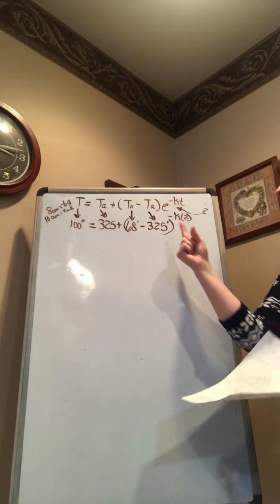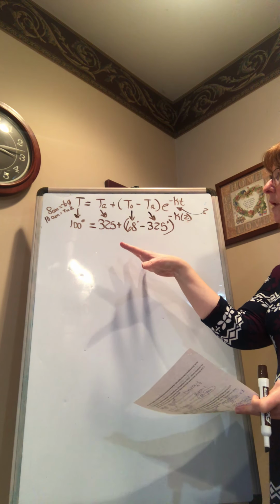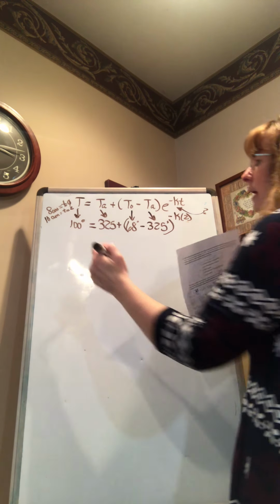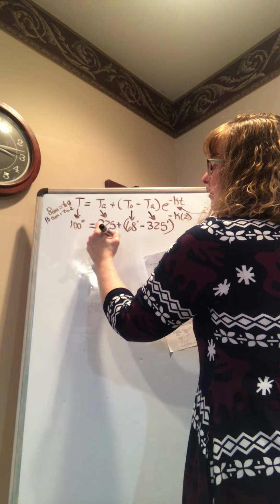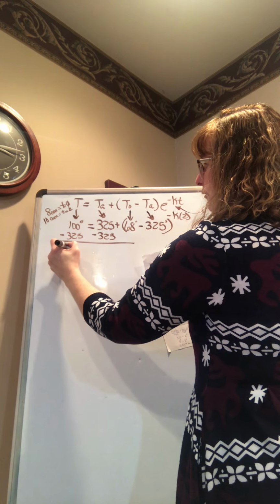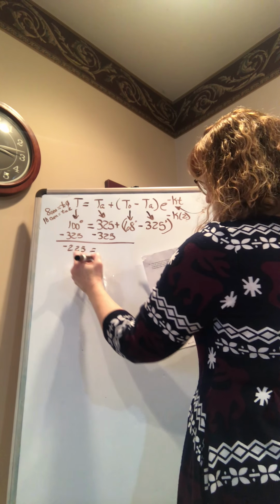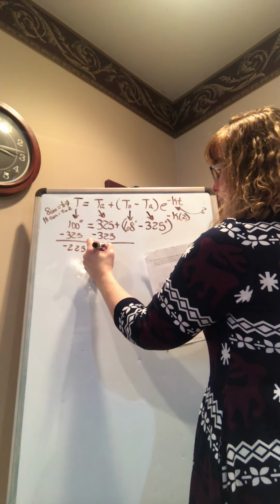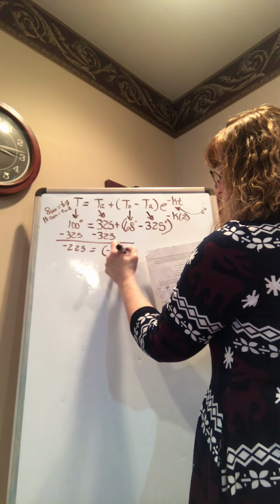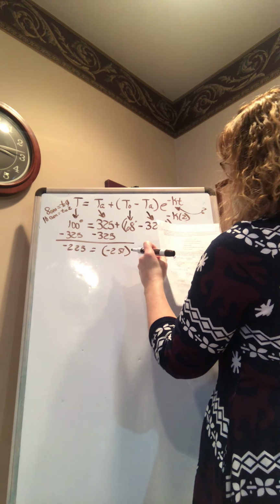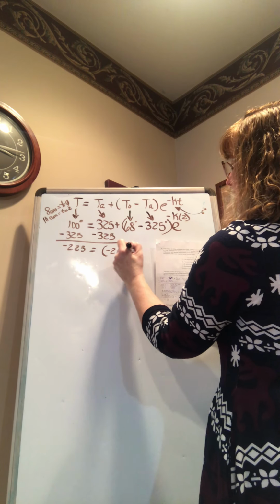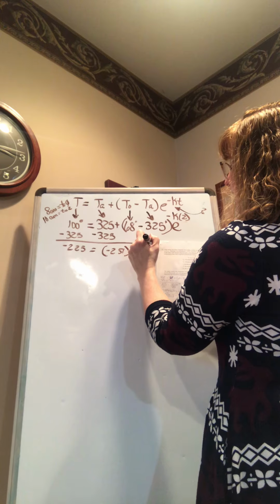So when you look at this, there's only one unknown. We take the original problem, it took a little bit of time, but if you read it all up, if we subtract 325, we have negative 225 is equal to 68 minus 325 in the parenthesis, which is negative 257, times e to the negative k times 2.